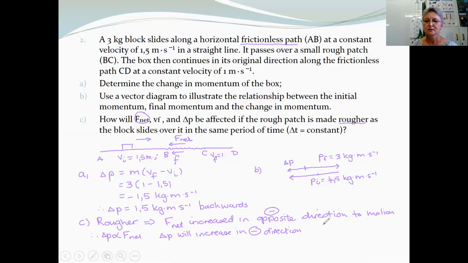And in that case, what will happen to Vf? It will decrease. Sorry, it will decrease in the positive direction.